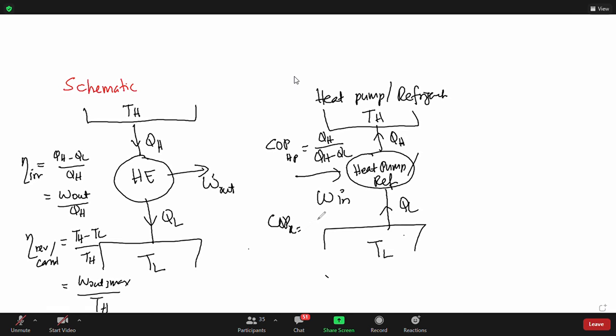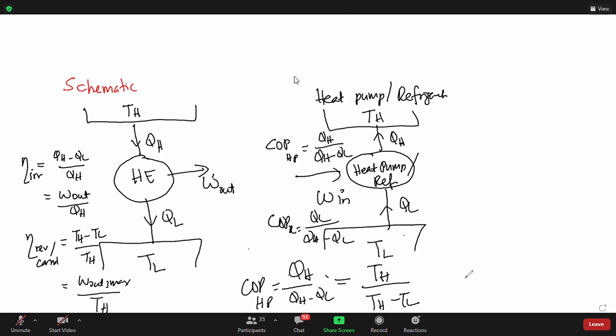COP refrigerator will be QL over QH minus QL. And if it is reversible, then for example, QH over QH minus QL for the COP heat pump would equal TH over TH minus TL. COP refrigerator, reversible or Carnot, will be TL over TH minus TL.